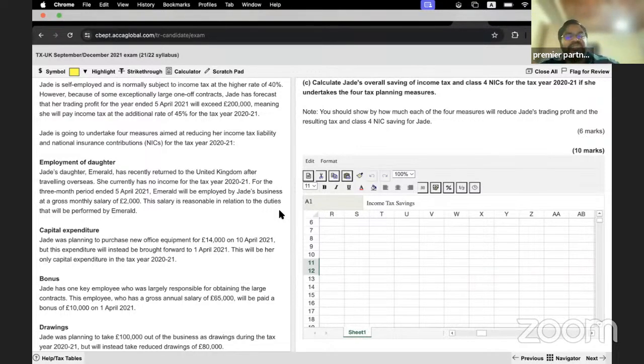Then the last one, drawings. What kind of an impact will the drawings create? Okay, if one person believes no impact, the others?